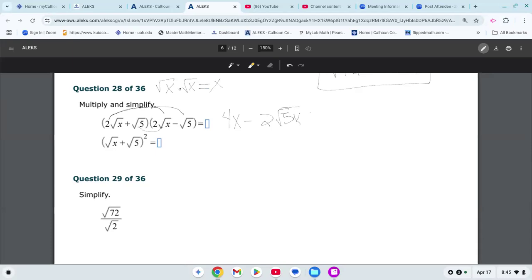Then I have positive 2 root 5x, which will cancel. And then I have minus 5. So my outcome for the top part is 4x minus 5. That is my final answer.